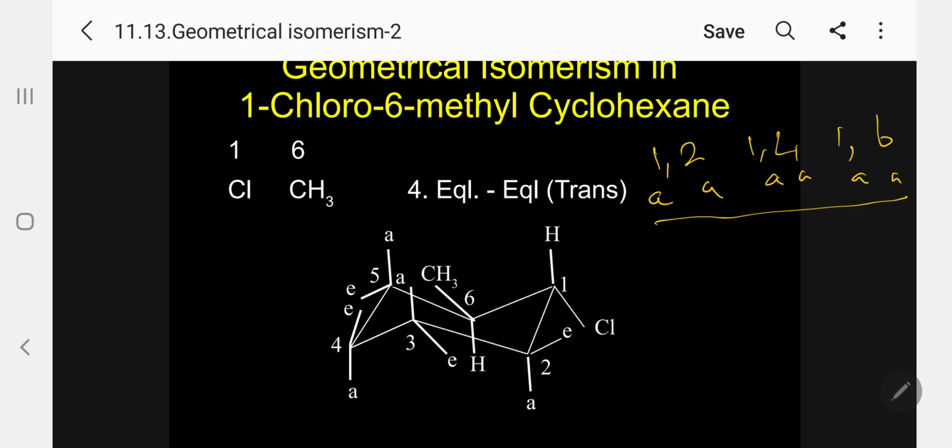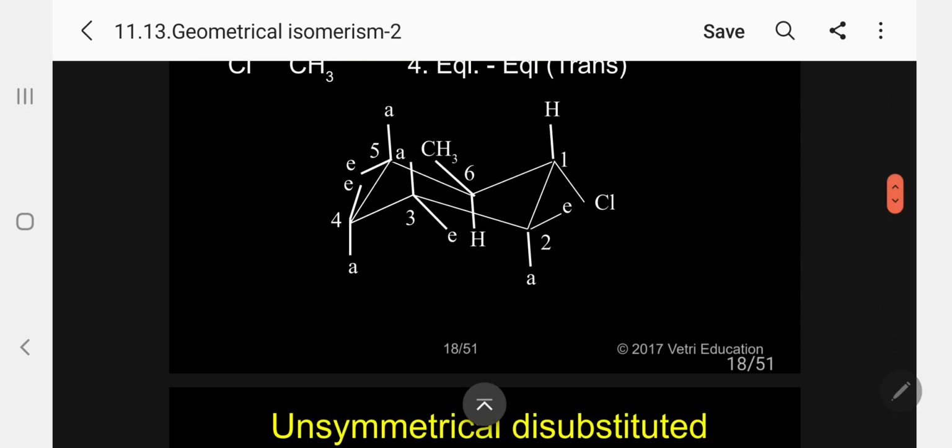All trans isomer. But the only thing we are considering here is not chlorine and methyl group, only hydrogen. So axial indicates only chlorine and methyl group, but correspondingly hydrogen will be in equatorial. That is the only assumption you have. Please follow. This information will not be given in any book.